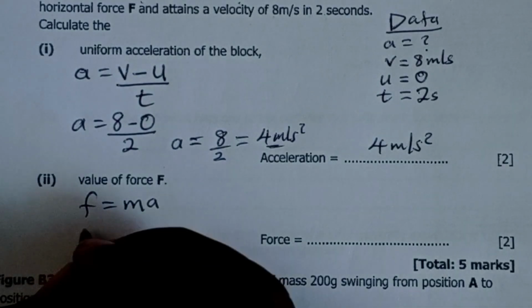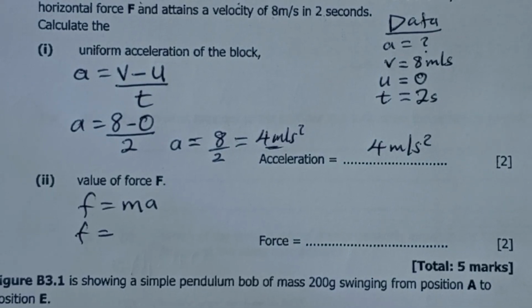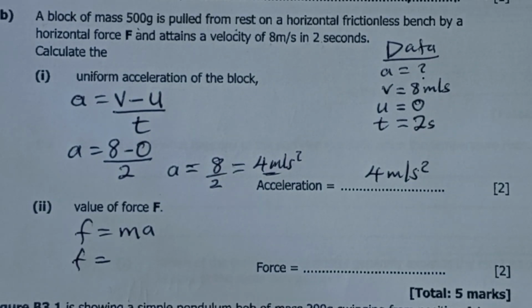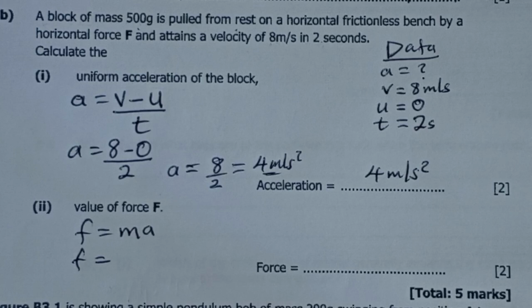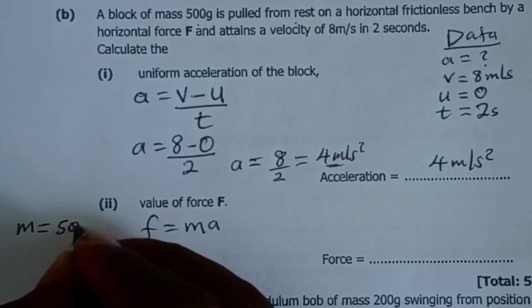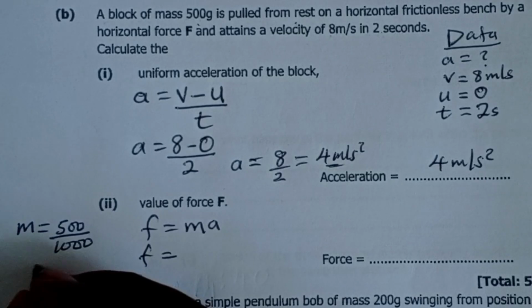So force is equal to mass, which is given to be 500 grams. But you need to understand that we need to change this 500 grams. It must be changed to kilograms. So how do we change mass? 500 divided by 1000. Why are we dividing by 1000?